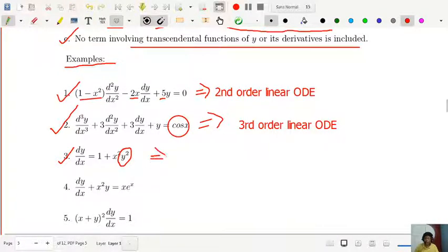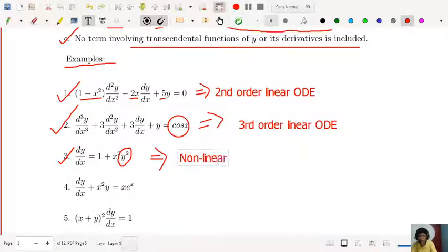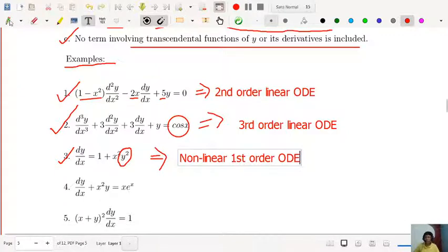So this is a non-linear first order ODE. Nonlinear first order ODE. Okay, so this is the nonlinear term.